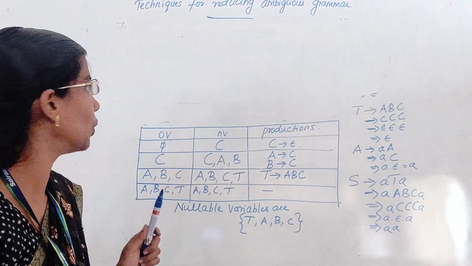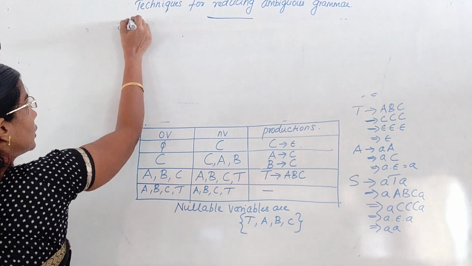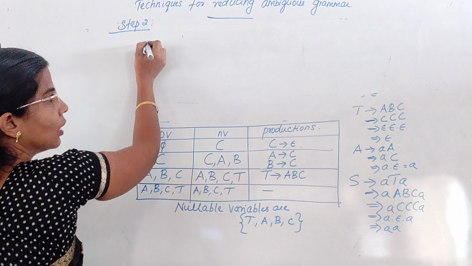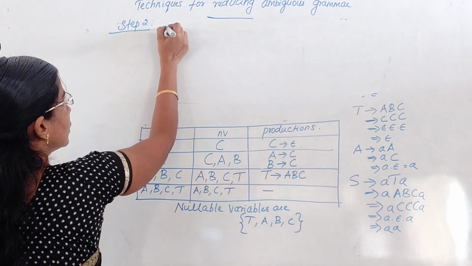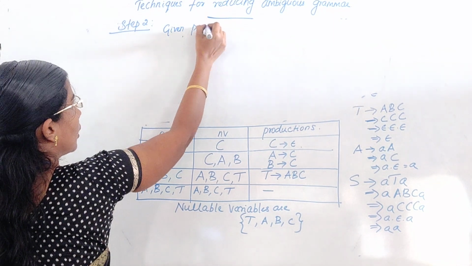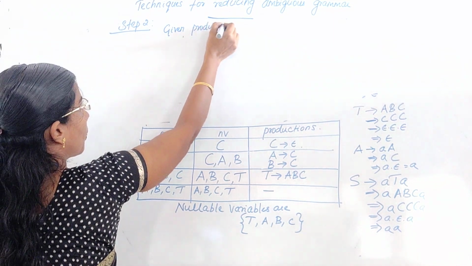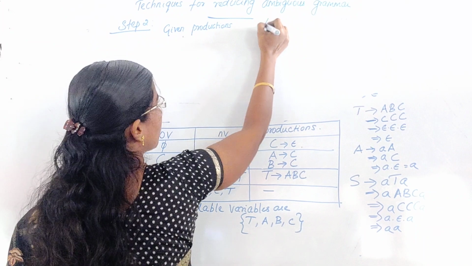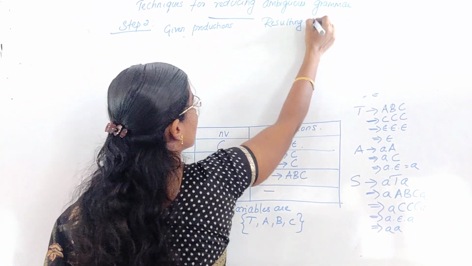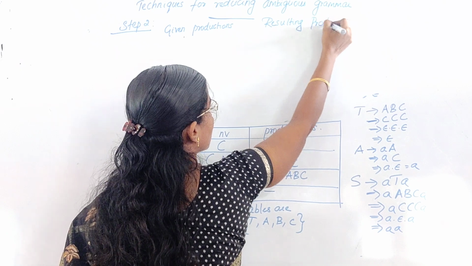Right, step 2: given productions and resulting productions.